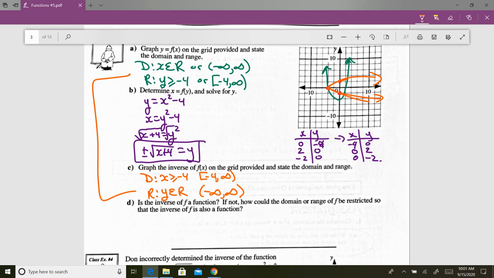So when you do an inverse, the domain and range switch. I'll write it right here: domain and range switch during an inverse.